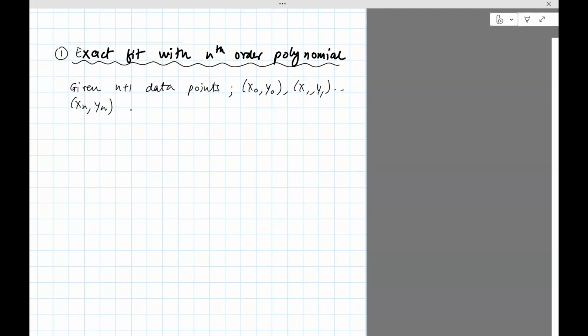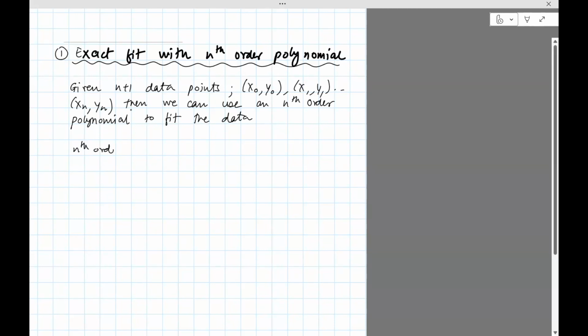So if you're given these points, then we can use an nth order polynomial to fit the data. So let's see how this is done. So here is an nth order polynomial.